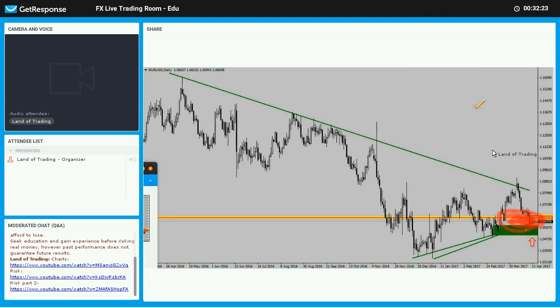Because there is a possibility that if we are going to be trapped here, it means volatility on euro dollar is going to be lower.